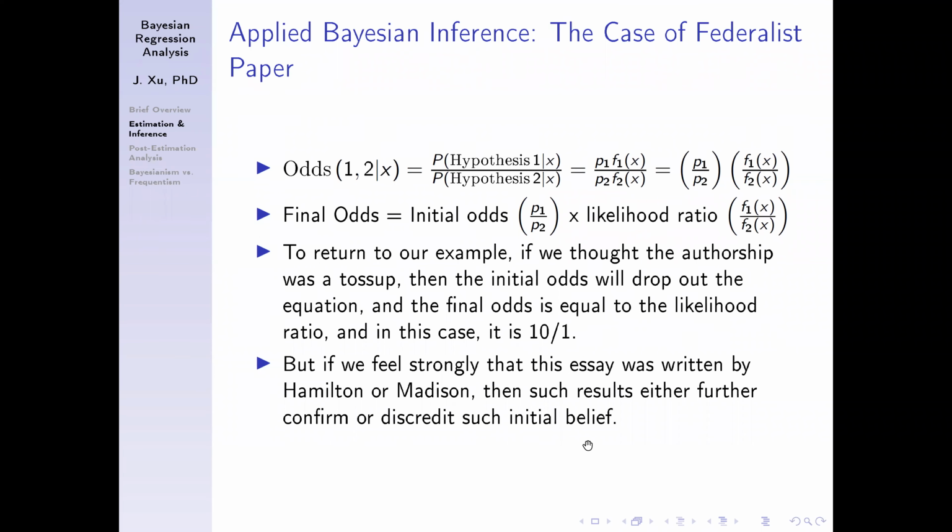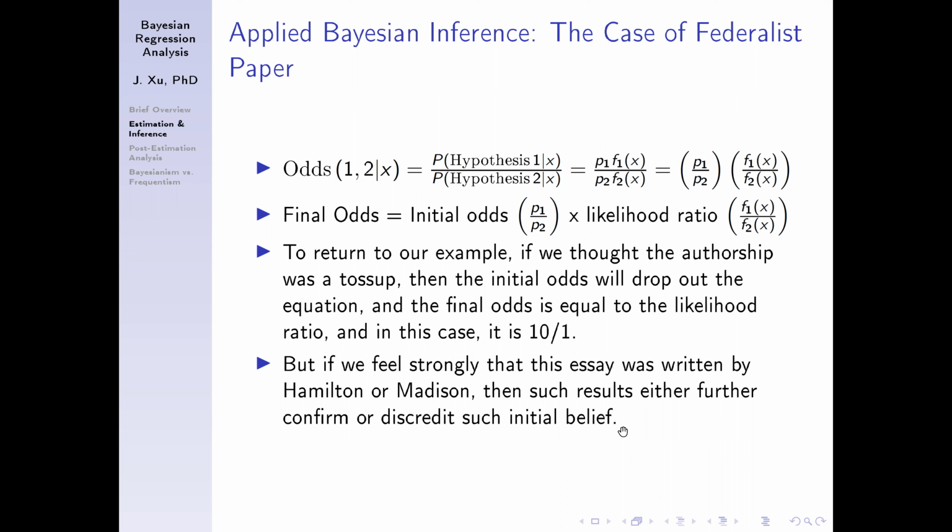But if we feel strongly that this essay was written by Hamilton or Madison, the initial odds is not equal to 1. Let's say it is equal to 10 over 1. Basically, that further confirms the authorship is Hamilton. Or 1 over 10, then that's kind of the reverse of what's presented in the data, and they are going to cancel out.